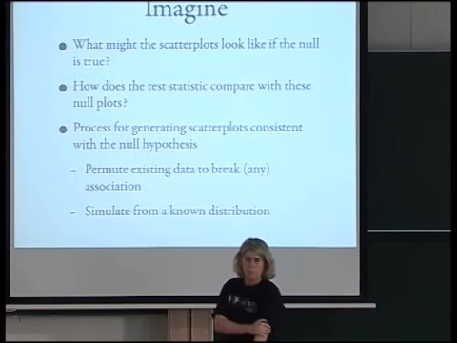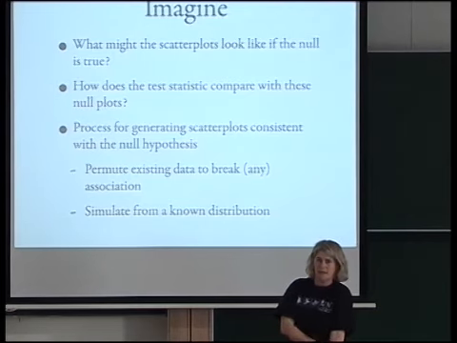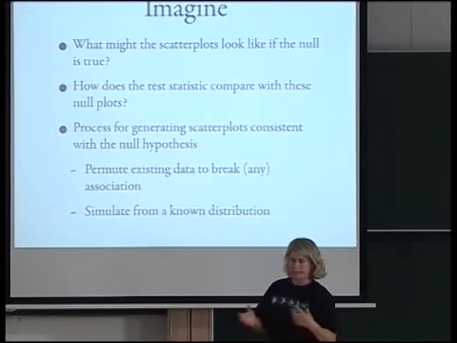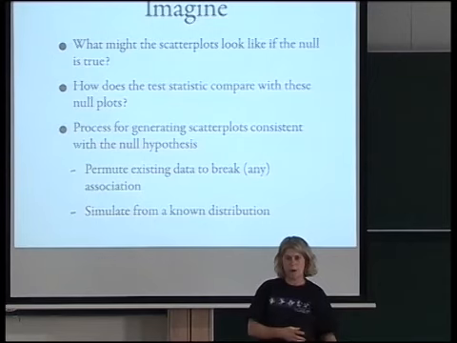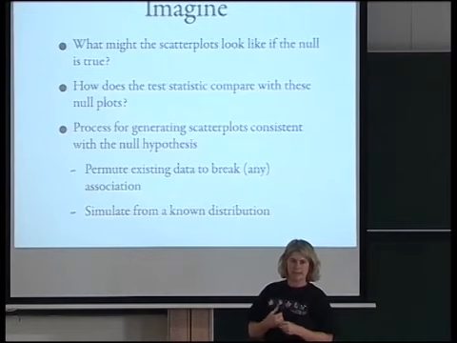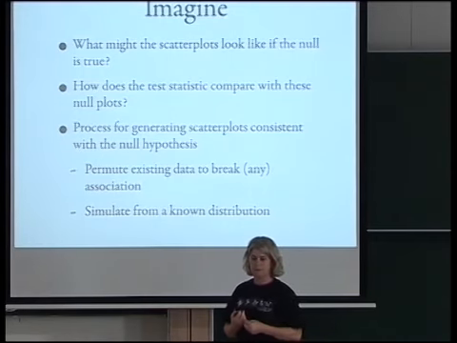One way to think of that in terms of the hypothesis testing scenario is, if the null hypothesis were true, like if there is no dependence between x and y, what might the scatter plots look like? And how does our actual scatter plot, the test statistic, compare with those null plots?